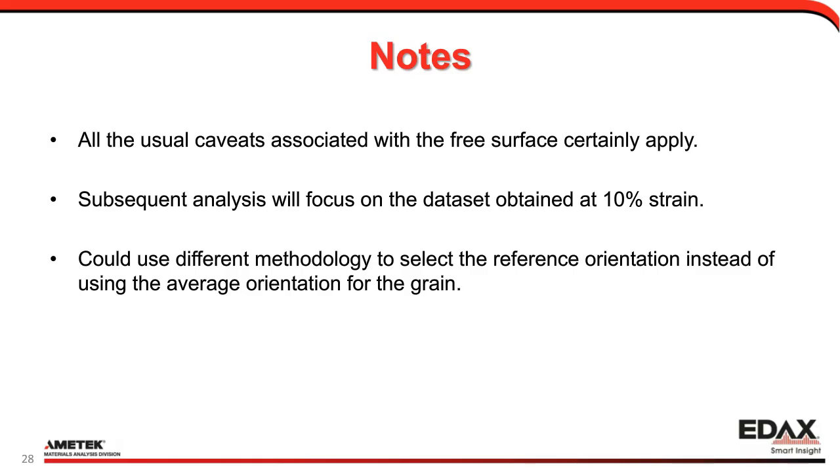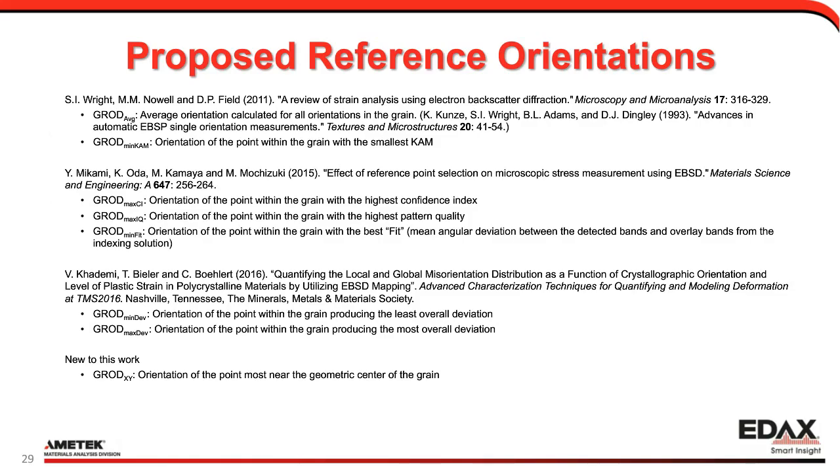There's lots of ways you can select that reference orientation. So in this case, we focused on the average orientation for the grain. That isn't necessarily the only one you can use. There's two that we have suggested. One is the average, and that goes back to some old ideas that we originally got started with EBSD, even before the paper I show there.